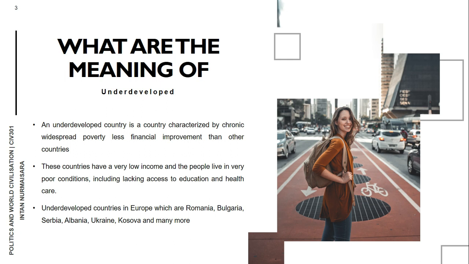These countries have a very low income and the people live in very poor conditions, including lacking access to education and healthcare. Furthermore, this country also experiences high birth rate and high population growth. The underdeveloped countries in Europe are Romania, Bulgaria, Serbia, and so on, but we choose Bulgaria.